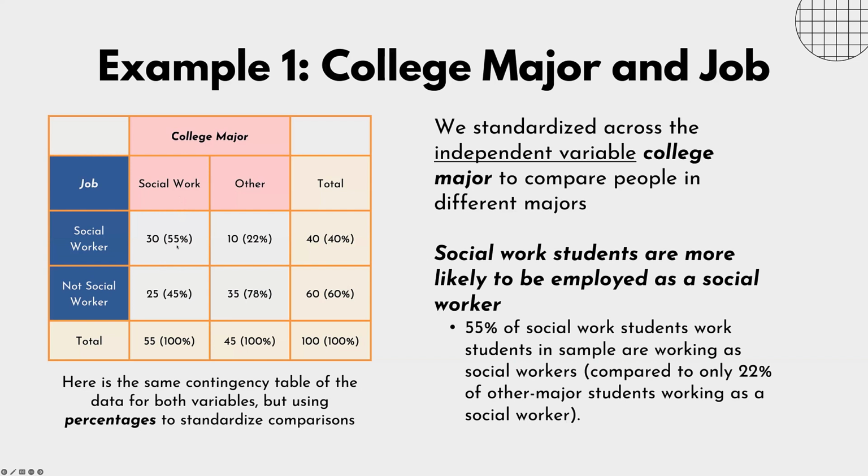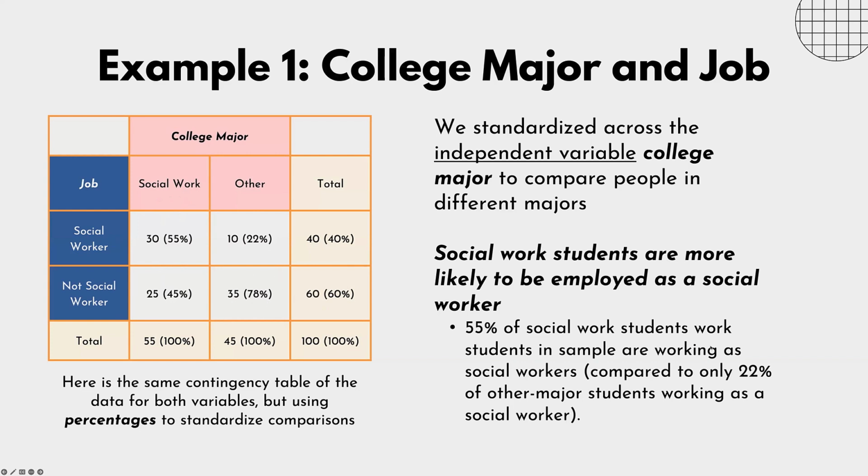30 of the 55, so 55%, are working in social work, and 25 of the 55 are not working in social work. So 55% of social work majors went into social work. You can see here, 78% of those who didn't have a social work major are also not working in social work.